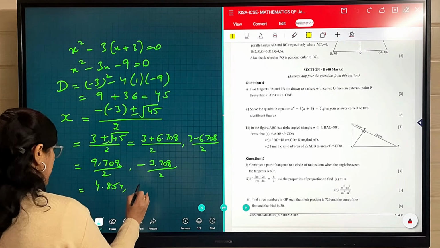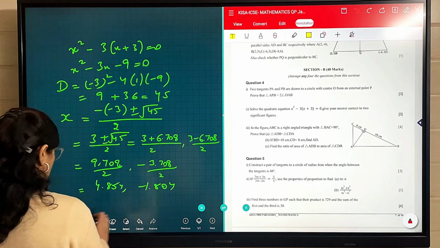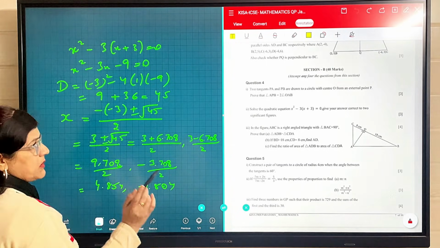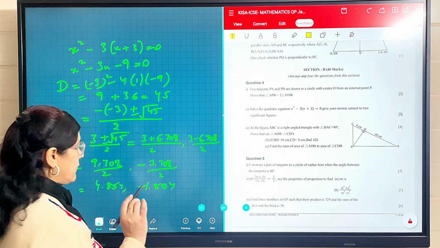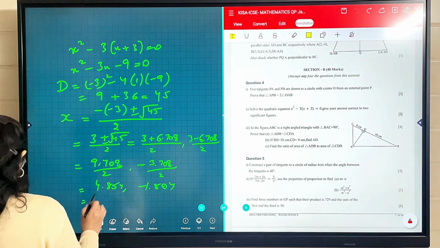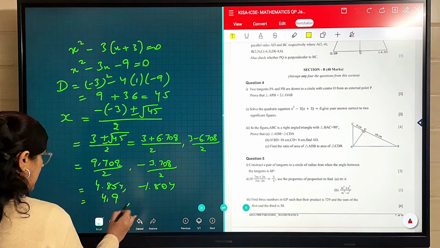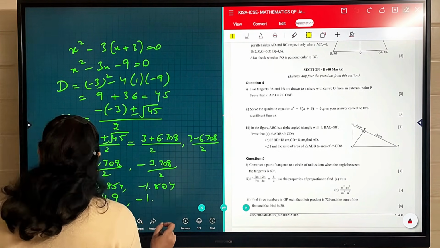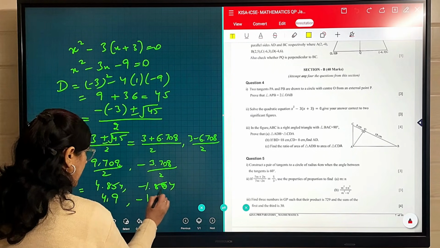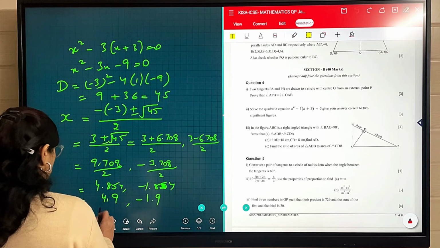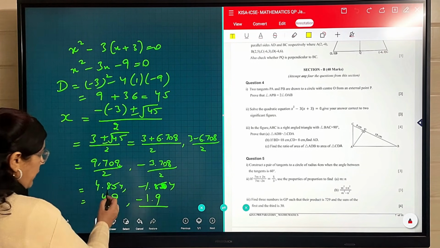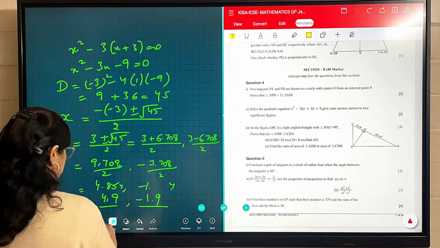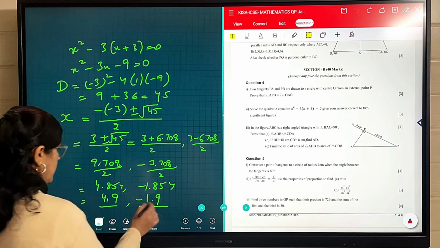So the final answers are 4.854 and minus 1.854. In the question they have given two significant figures, which means including the digit to the left of the decimal, we consider two digits. So 4.854 becomes 4.9, and minus 1.854 becomes minus 1.9.